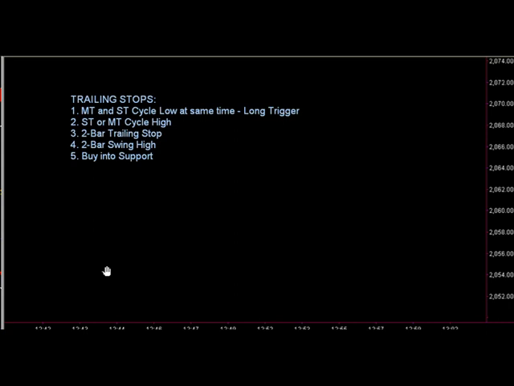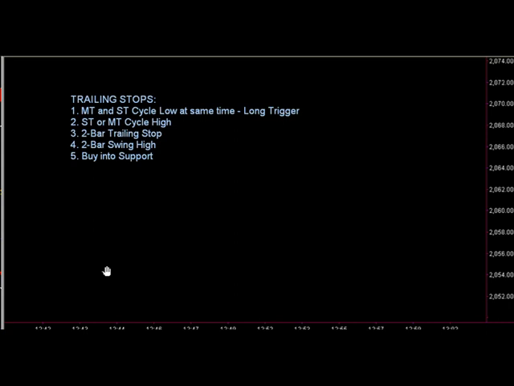So you're a lot more limited, of course, but at least you can buy 1 contract into support and then use the other one with your trailing stop. But it just doesn't allow you to capture as big a moves.